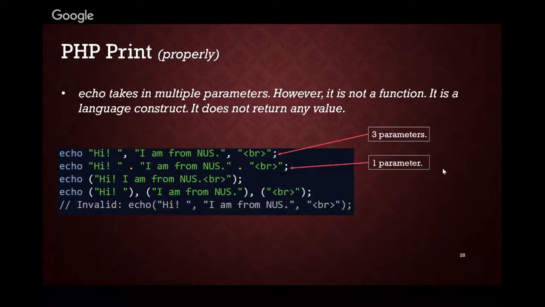It's still valid, but of course it may not be a correct coding style. So putting brackets around some expression is still valid. Actually, the bracket will just be ignored.